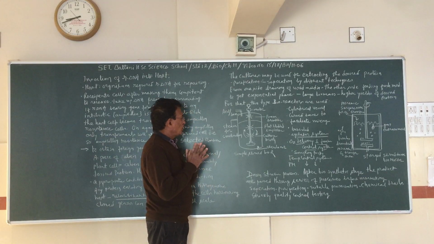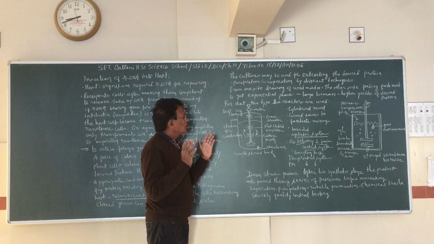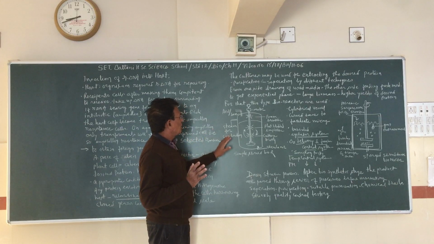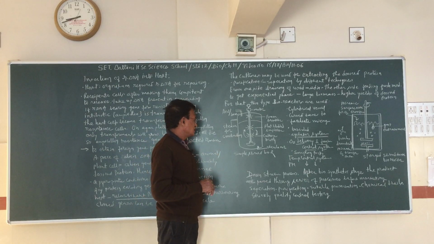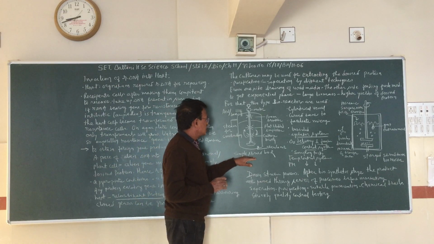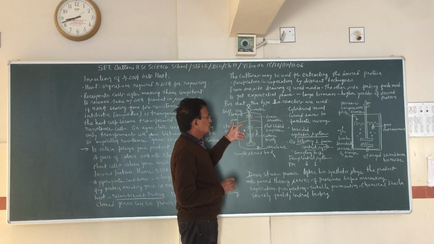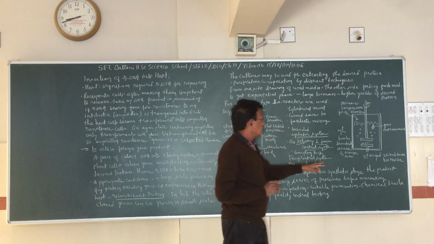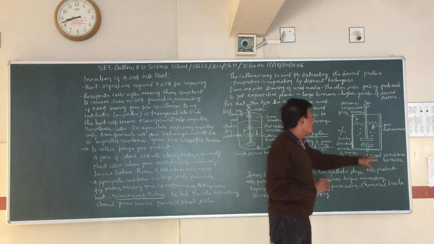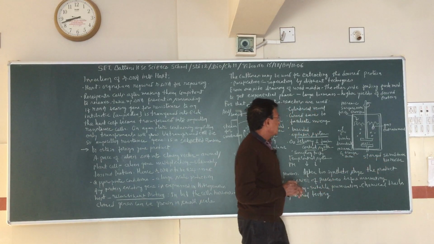So if we want it on a large scale, then bioreactors are used. For that purpose, there are two types of bioreactors: the simple stirred bioreactor, which is drawn here and also given in your book, and the other one is the stirred tank bioreactor.